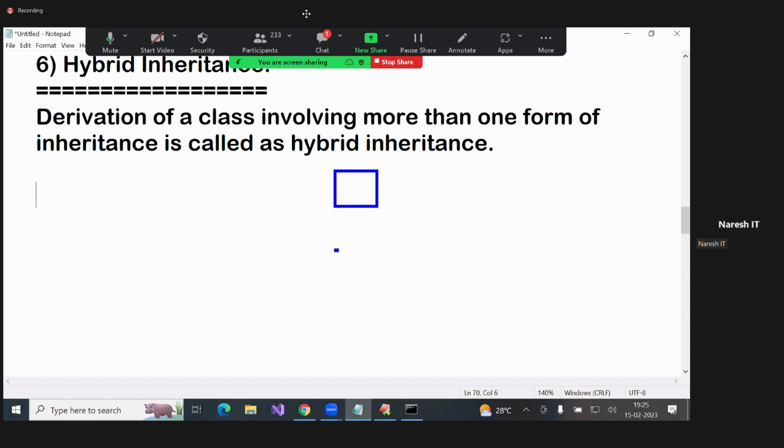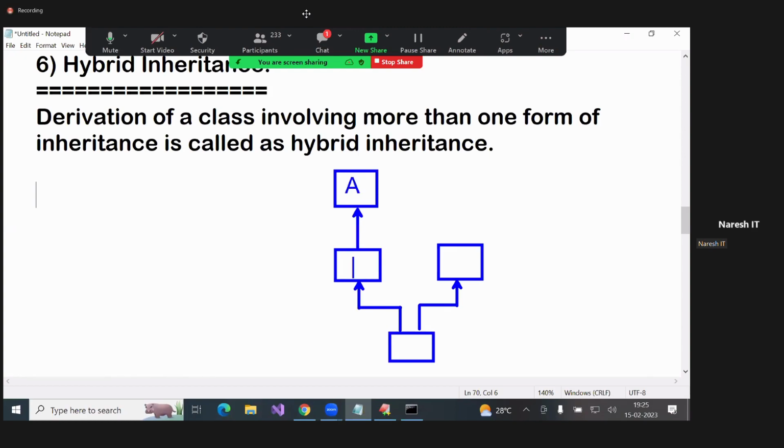Suppose, write this one. Here A class, B class, C class, D class.